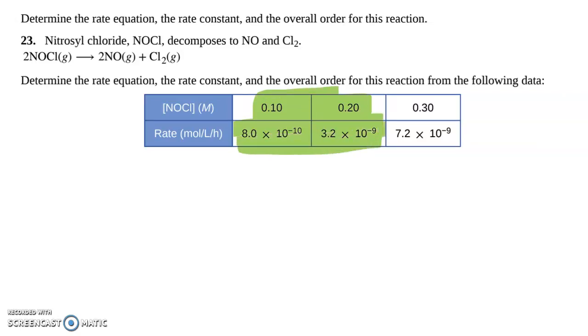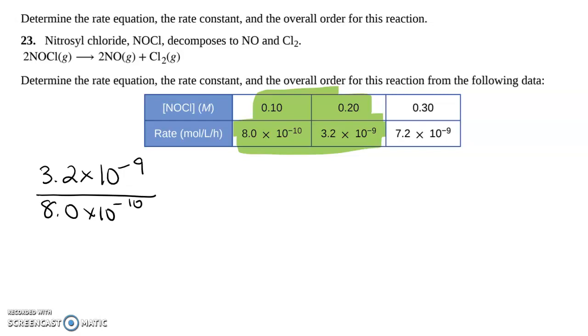So looking at these numbers, I'm going to first try to determine the order of the reaction. So if I'm using my two rates, I have rate 2, which is 3.2 times 10 to the minus 9 moles per liter per hour, over my first rate, which is 8.0 times 10 to the minus 10.